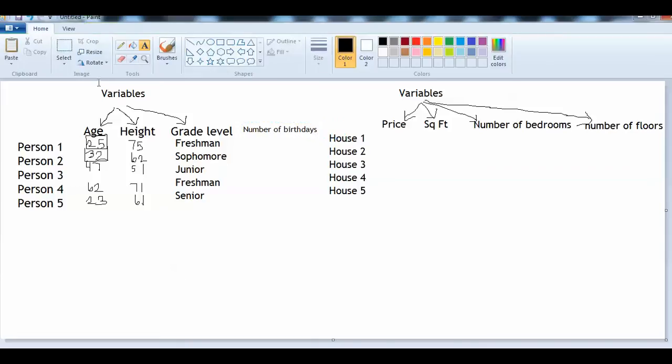No matter how many people we ask, each person will say, I only have 1 birthday each year. Even if we asked 1 million people, we would just get a really long column of ones. So even though number of birthdays would be a column, it's not a variable, because it's not something that varies.